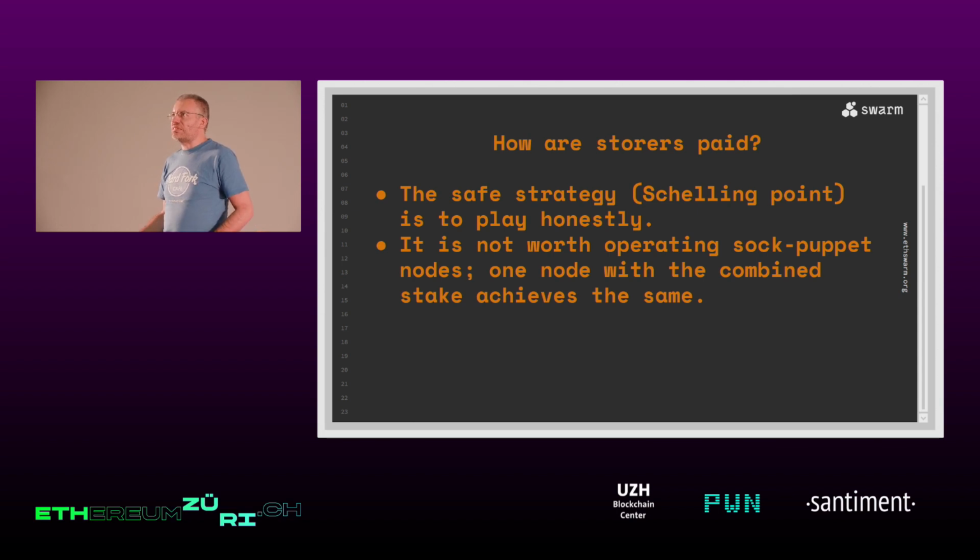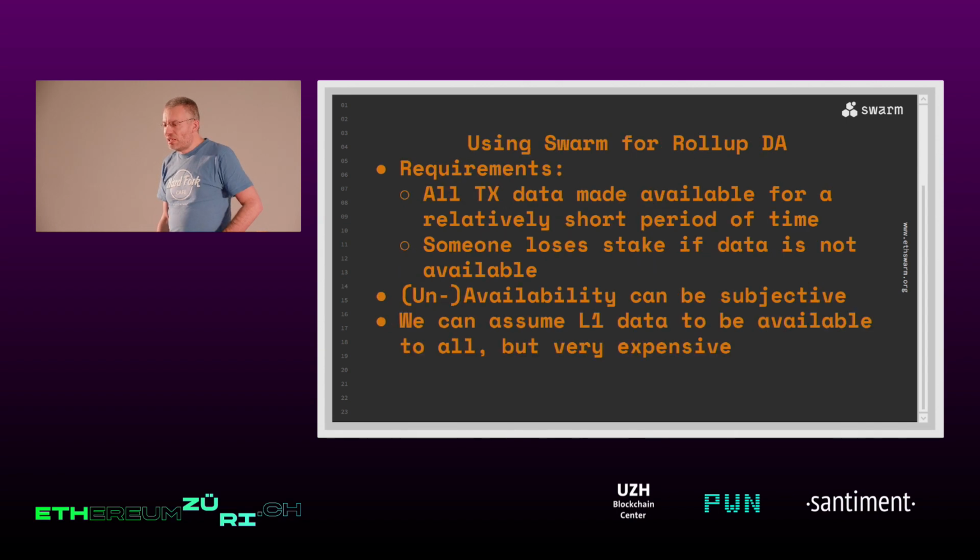And since every reward is proportional to stakes, it's never worth operating sock puppets, because you can achieve the same by just pooling the stakes and operating one node honestly. So basically, this is the incentive system.